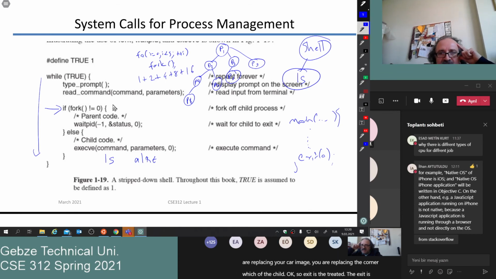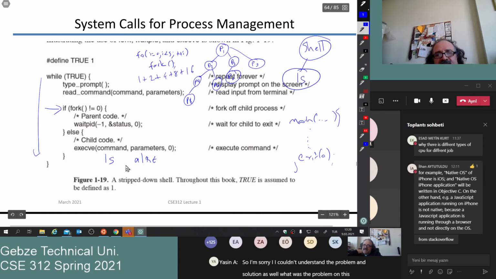Okay, so it is important to understand this. But sir, I couldn't understand the problem and solution. What was the problem? The problem is this: if I replace my core image with ls's image, I would do whatever ls does, right?